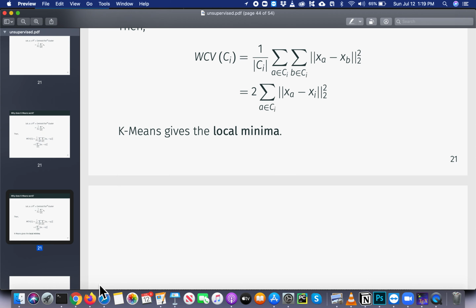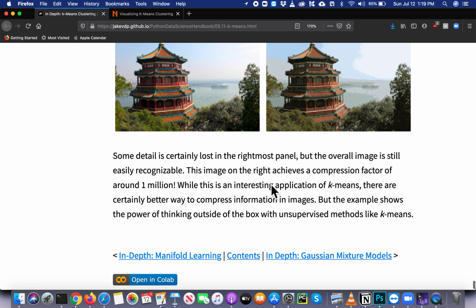Of course, as the article mentions, there are far better ways of compressing images, and you should look into the various encoding schemes. But this is something which people have also taken up, whether they can use machine learning to encode the images and the different color schemes.